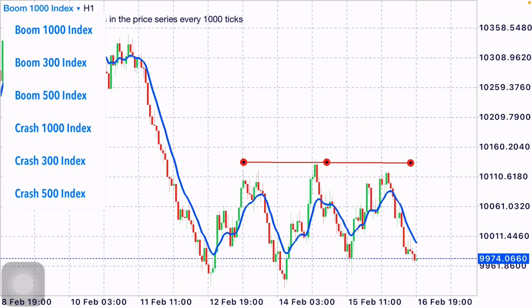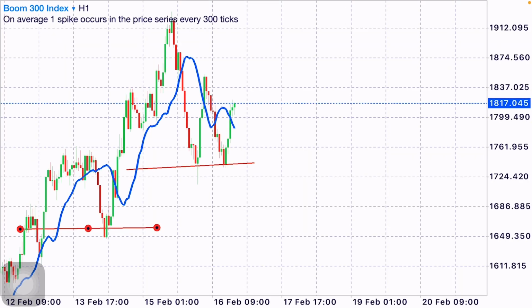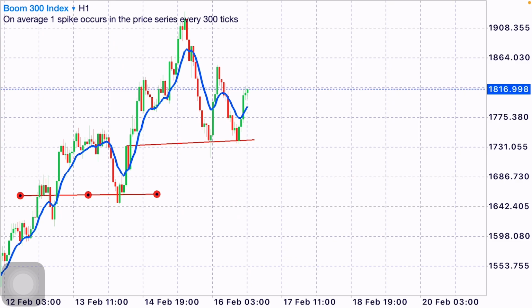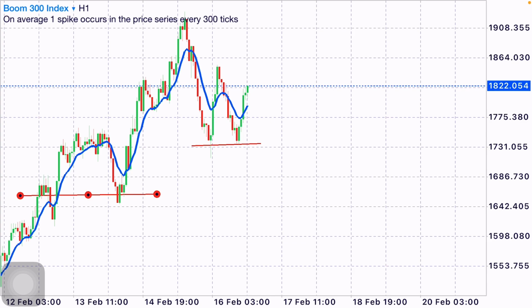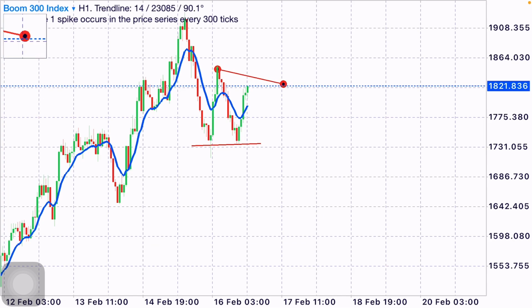So let's check Boom 300. So this Boom 300 now, let's say if you want to draw a trend line, you can draw your trend line here like this. Then you put another one on this place like this.